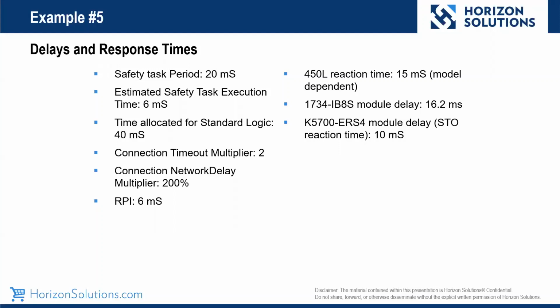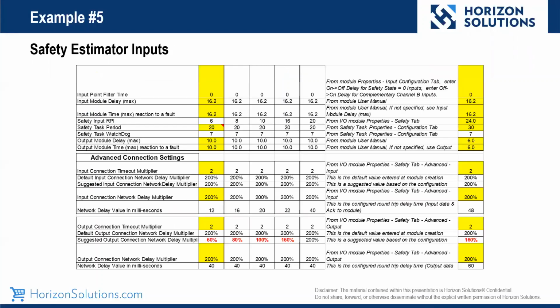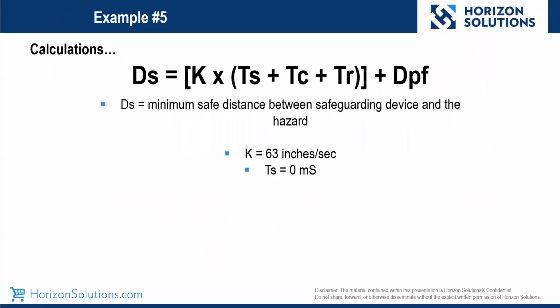So now we plug all of this back into our calculator once again. And because our output device is actually acting partially as our logic device, we use a stop time of our output device of 0 milliseconds. And we incorporate the drive's reaction time into the logical reaction time.